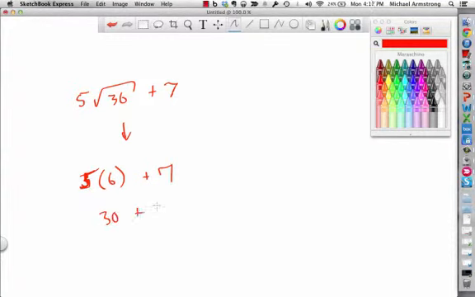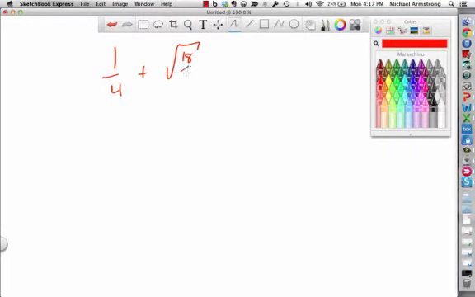Okay, one more. 1/4 plus the square root of a fraction being 18 over 2. Now this one, they're tricking you. Before I showed you that you could take the square root of 18 over the square root of 2, but that doesn't really help you because you can't do that quickly in your head. But we could simplify 18 halves.